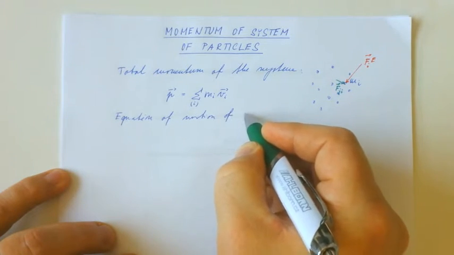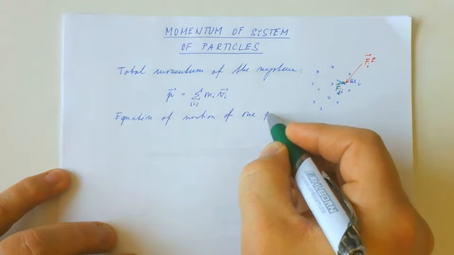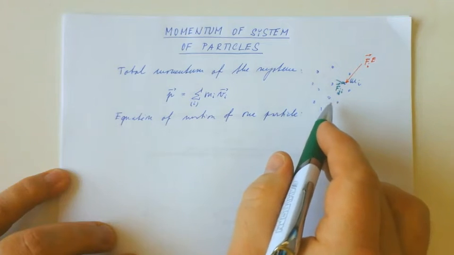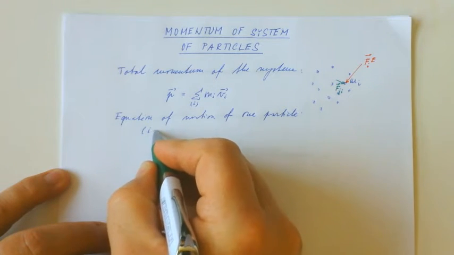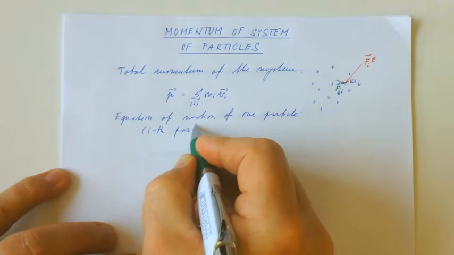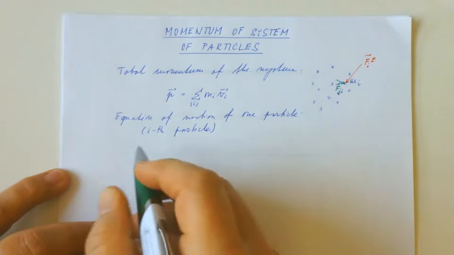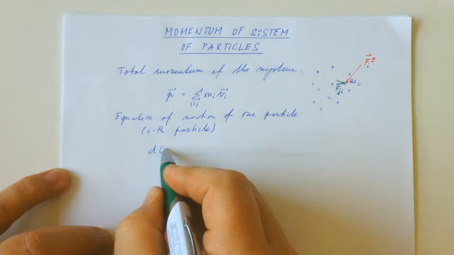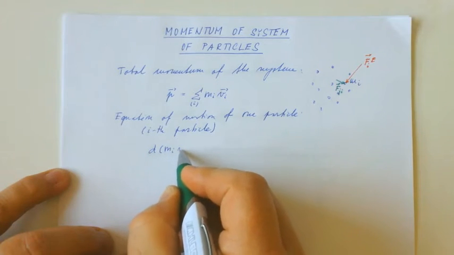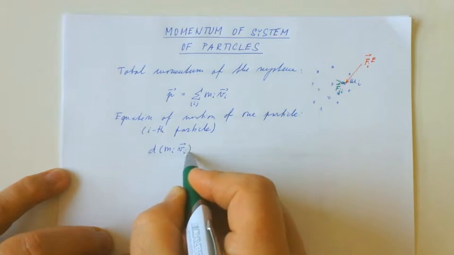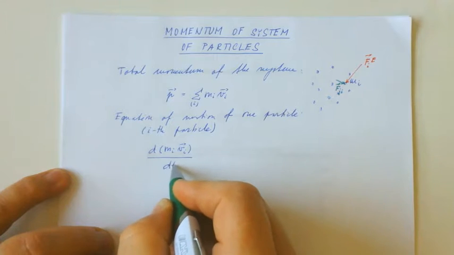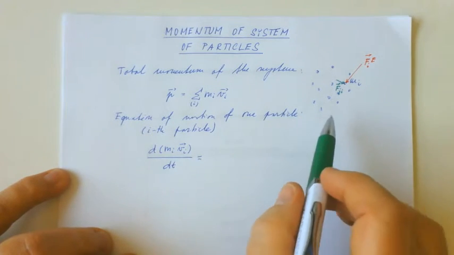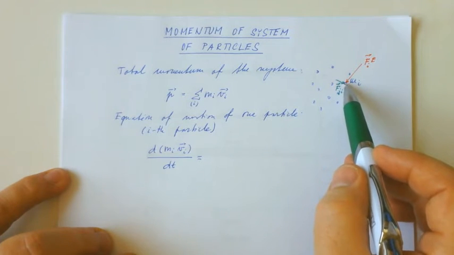Okay, and the equation of motion of one particle, our ith particle, is the derivative of its momentum with respect to time, and it must be equal to the sum of forces acting on that particle.